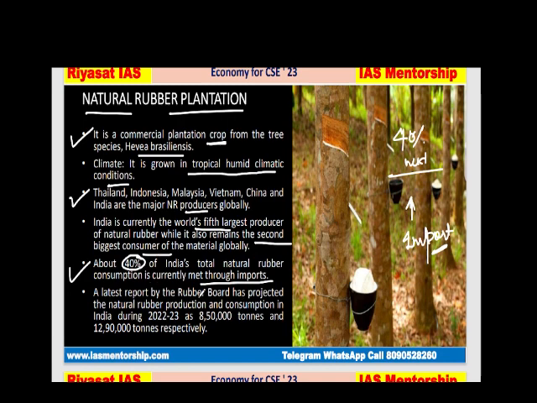Basically, as per the latest report by the Rubber Board, the natural rubber production and consumption in India during this year were projected at 8,50,000 tons and 12,90,000 tons respectively. This much amount of rubber is being consumed by India. That is why India is the second biggest consumer. And now your assignment is, who is the first biggest consumer?